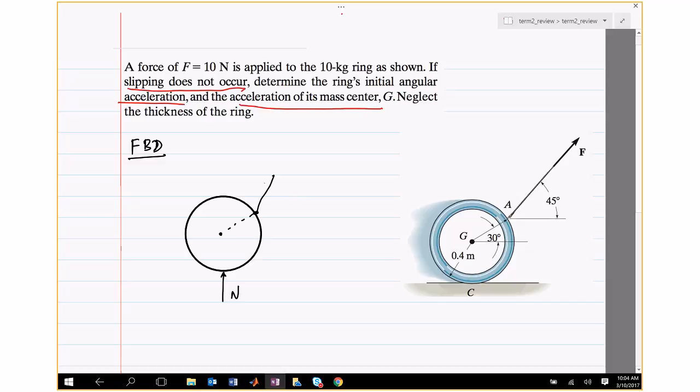So the force is applied at 45 degrees, but the point of contact, this thing makes an angle of 30 degrees. So this is 45 and this is 30 degrees. Okay, so this is F. What else? There's a force due to gravity. And then what else? Is that all?